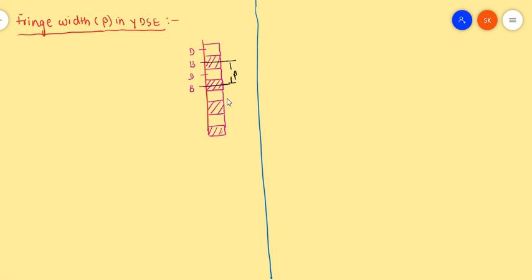The fringe width is the distance between successive bright bands or dark bands.